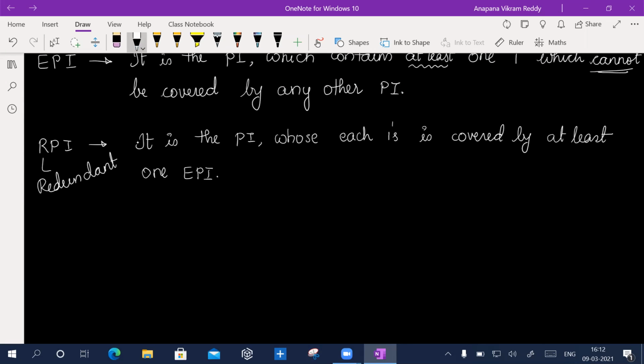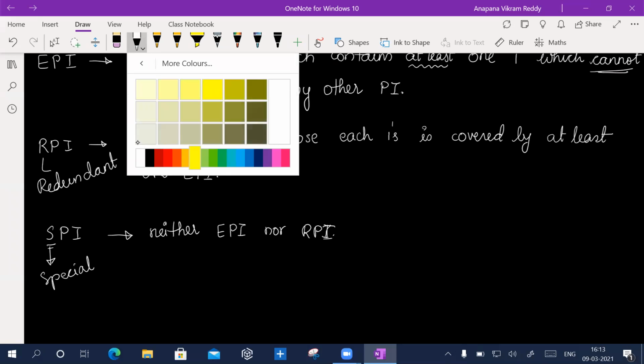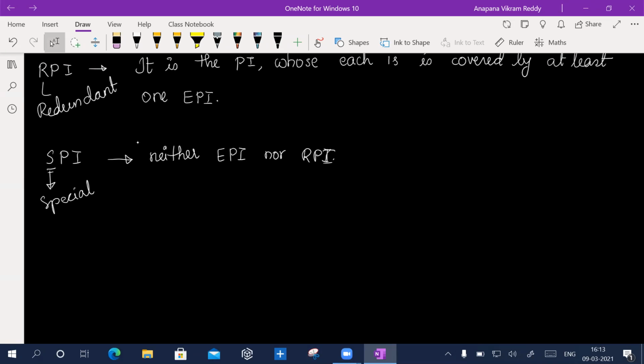And then you have something called SPI, where S is special prime implicant. This is neither EPI nor RPI, neither essential prime implicant nor redundant prime implicant. So for now, you forget about RPI, SPI.